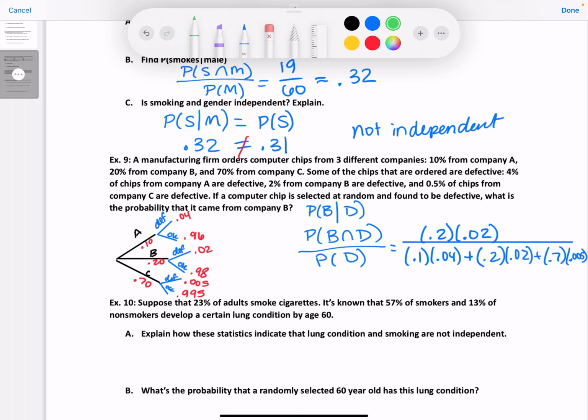So this was A, B, and C being defective. And when you plug all that in, that ends up giving you 0.348.